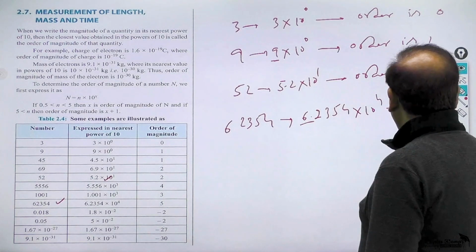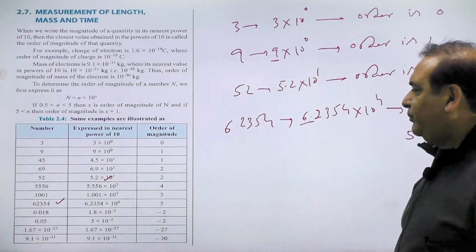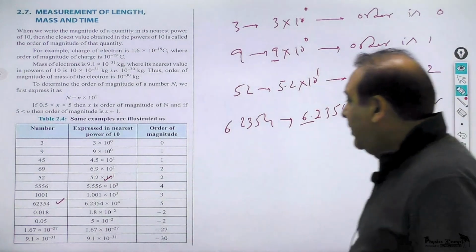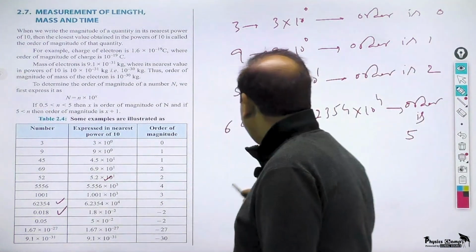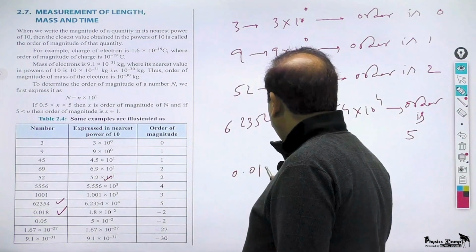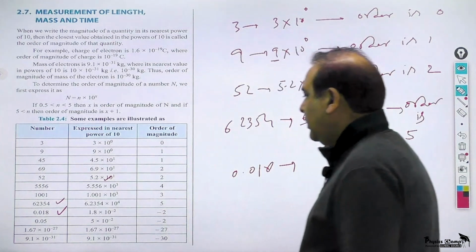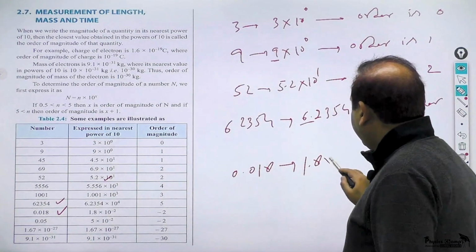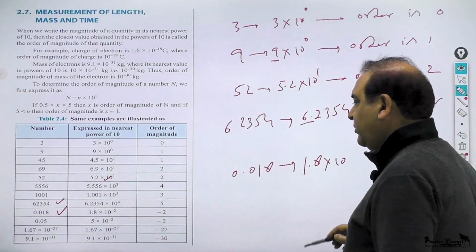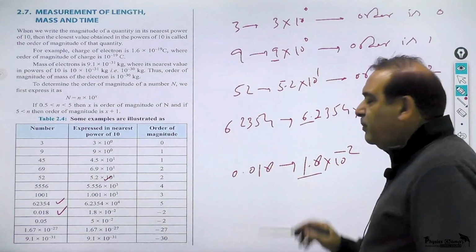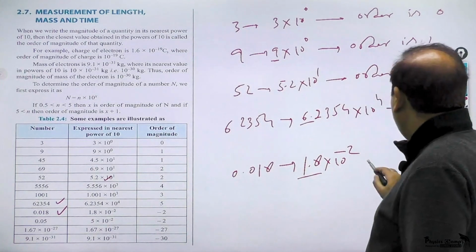Same way, we have another value 0.018. Now, if I write it 1.8, I should say 10 to the power minus 2. But this being less than 5, order of magnitude is just 10 to the power minus 2 or minus 2.